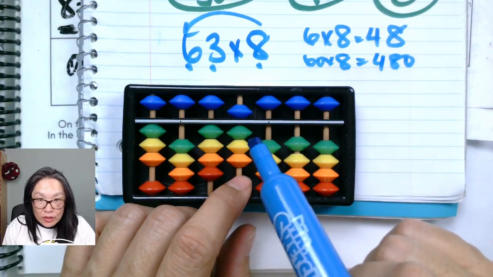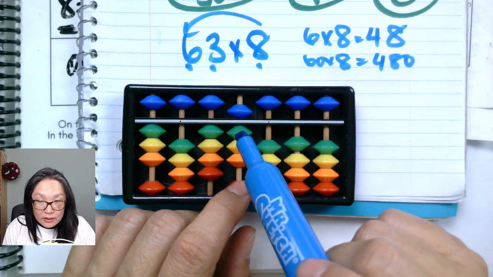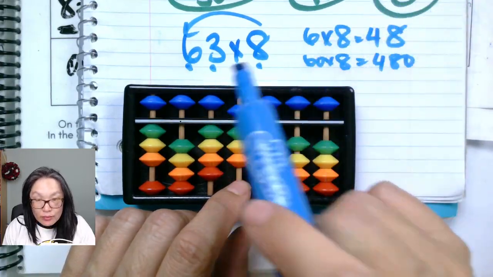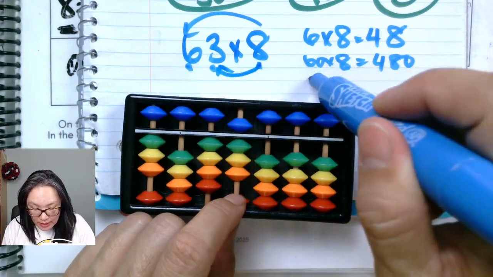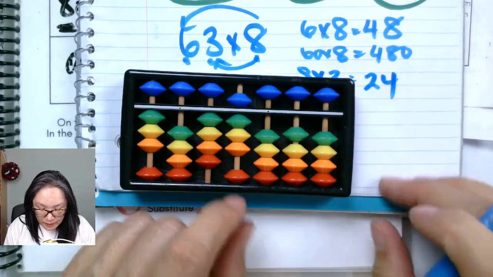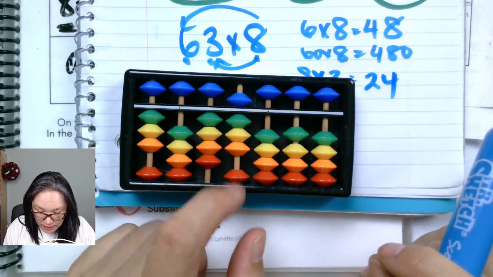We're just going to put 48, 4, 8. We don't need to worry what place value it is, because that's why we counted our beads. Then the next thing we do is 8 times 3 is 24. Oh, I chose the wrong number. Why? Because there's a lot.